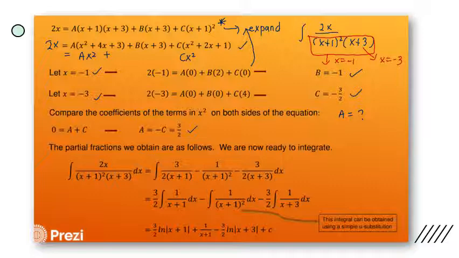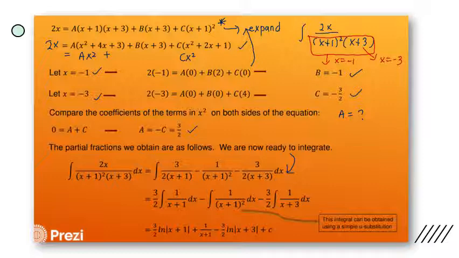Then we can substitute the values that we found for a, b, and c into this partial fraction. Then they are ready to integrate this function with respect to x. It is a simple integration.